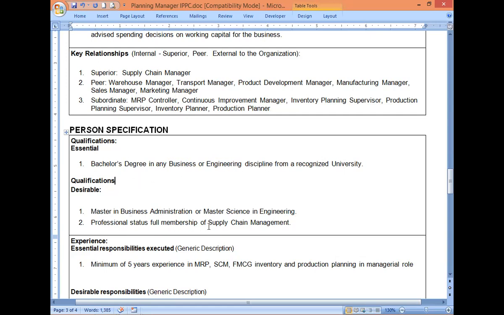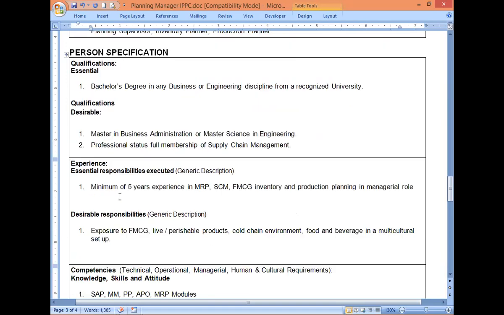Professional status, full membership, supply chain management, important because you get all this information from this association. You will learn more from this. It will increase your awareness or your knowledge in terms of supply chain management. Then, I have written 10 years for the HR manager position and the manufacturing manager position.